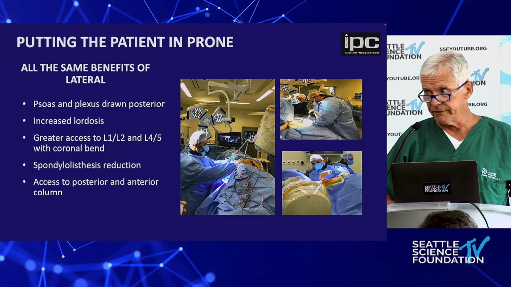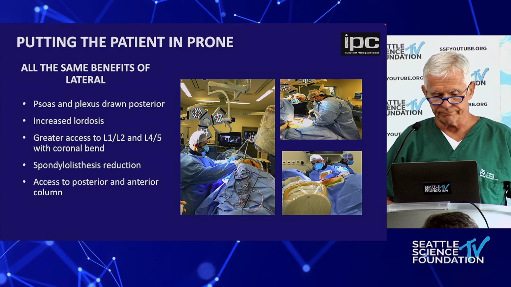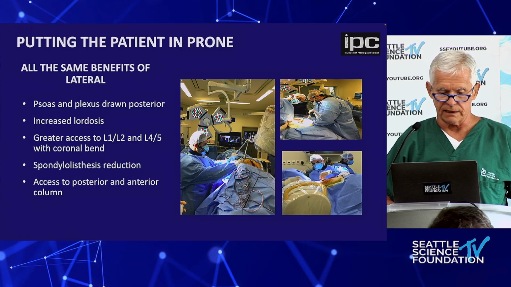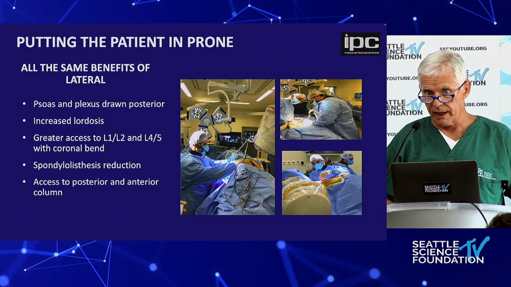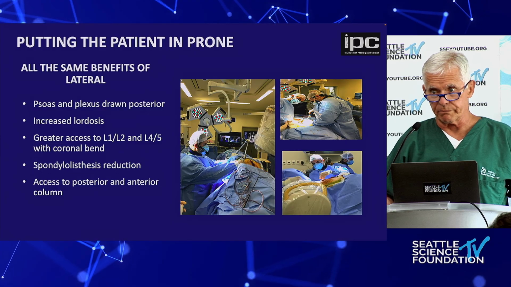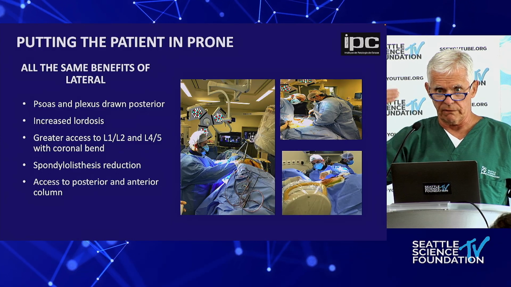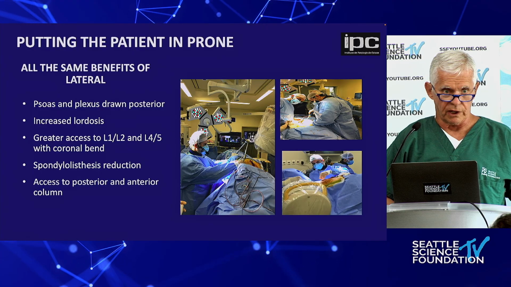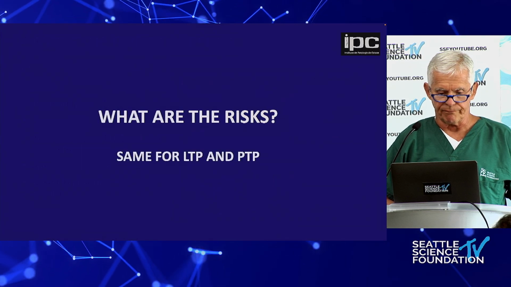We have about 70–75% spondylolisthesis reduction, and access anterior and posterior at the same time is sometimes easier. It's a real better procedure because you can work posterior, go anterior, and finish posterior without having to flip the patient.